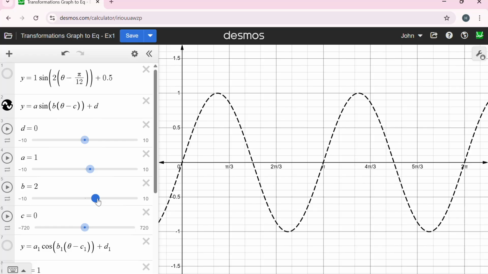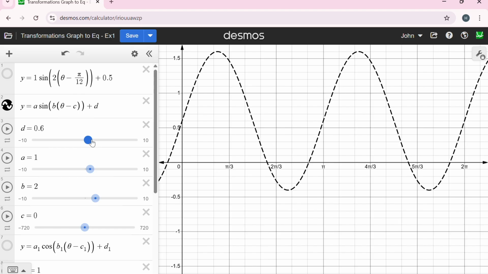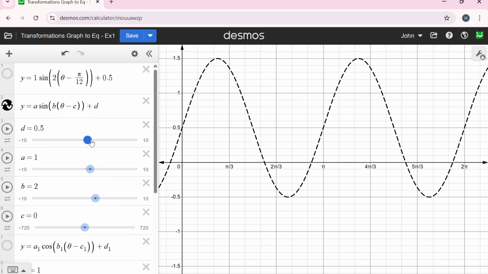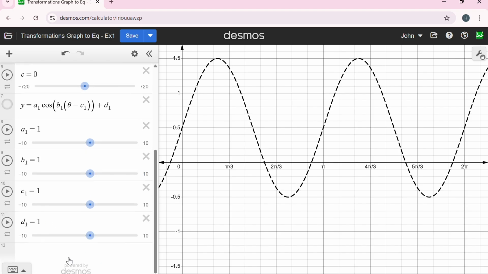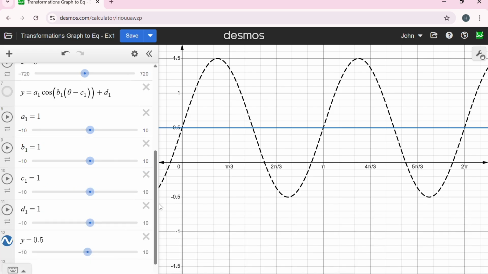So we did the stretches and reflection. There's no reflections. We did both stretches. Let's do the translations. One of the first things we calculated was the d value, which is the vertical shift, and we said that was 0.5. And that's going to shift it up by 0.5 units. So let's go 0.5. Okay. And then let me turn on my sinusoidal axis. Okay, there it is.